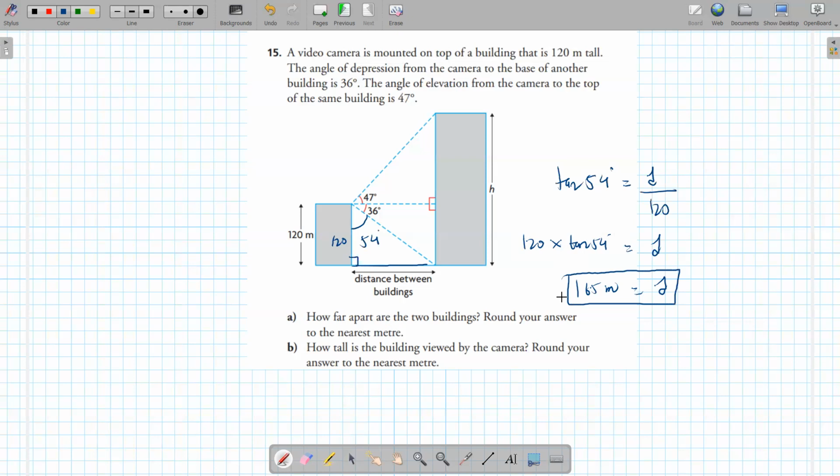Part B now says, how tall is the building? What is going to be our approach here?